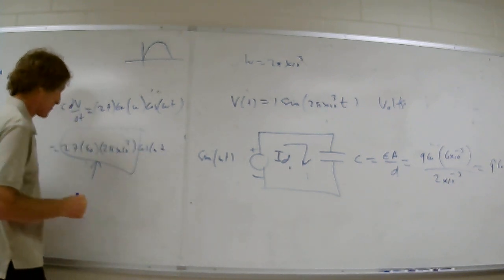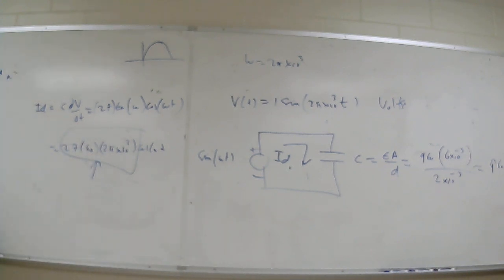What is that going to be? I can do it real quick. Epsilon naught, you can use 8.854 times 10 to the minus 12.